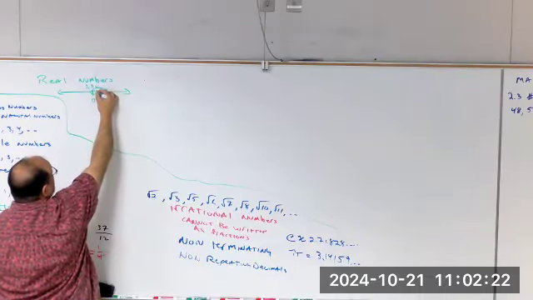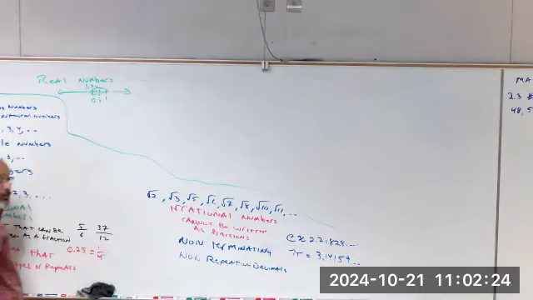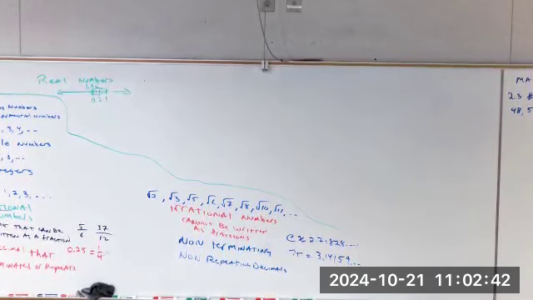I can keep taking half forever. 1/32, 1/64, 1/128, 1/256, 1/512, 1/1024, 1/2048, 1/4096, 1/8192. You can just keep on going forever, keep taking half forever and never get to zero.